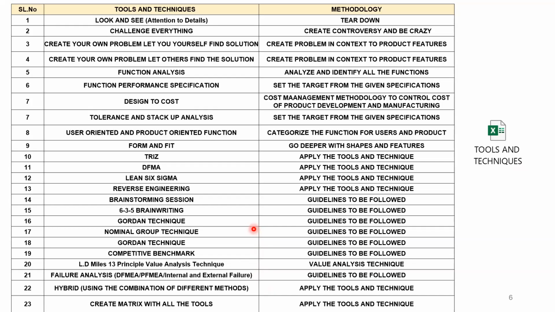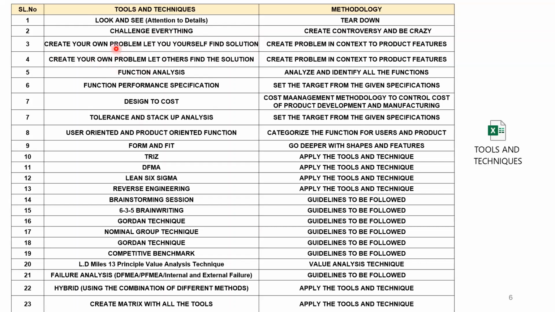So that's why you need to have some healthy controversy between the team members, but you have to challenge everything, irrespective of the department. Then only can you get some new step forward to generate ideas. You have to challenge everything. That is one key thing. And this is very important: you have to create your own problem and let yourself find a solution for the particular thing.